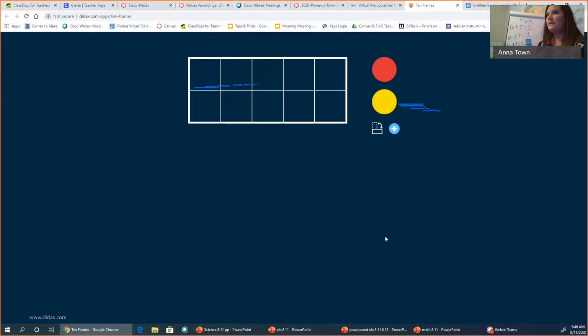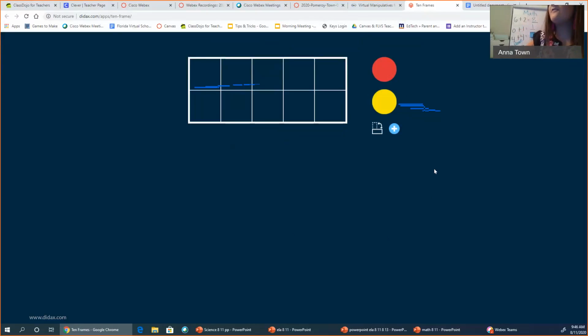Moving on to our next equation, 4 plus 4, and I hope you can see that, is blank. 4 and 4 are our add-ins, and we are trying to find our sum or total. The first number we see is 4.